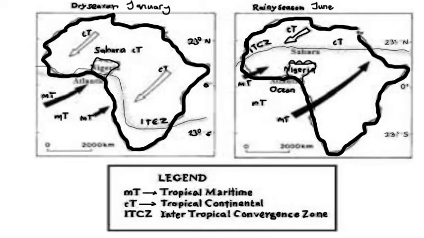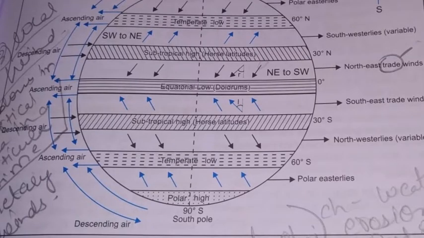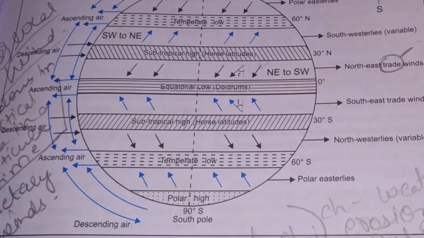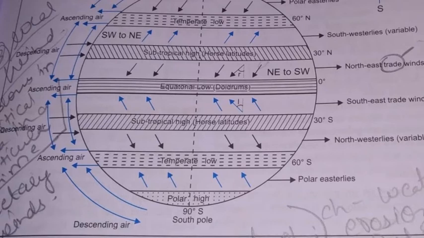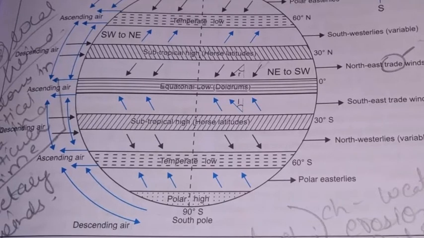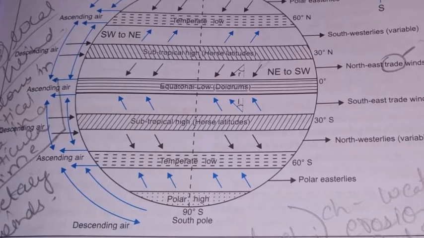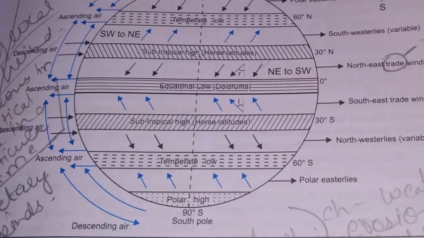Like we said before, the winds flowing in between them are called planetary winds. Flowing to the equatorial low pressure belts from the subtropical high pressure belts, in between them we have the trade winds, while westerlies flow from the subtropical high pressure belts into the temperate low pressure belts or subpolar low pressure belts.